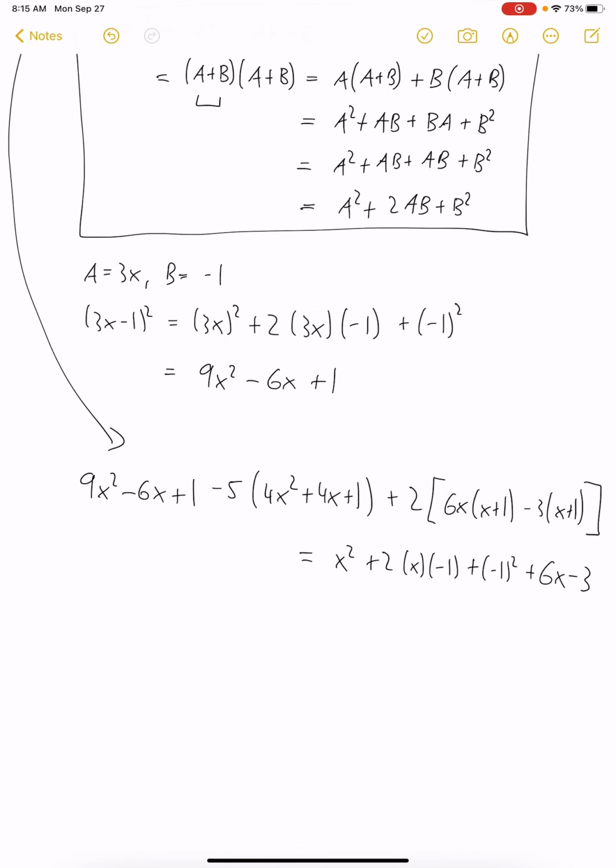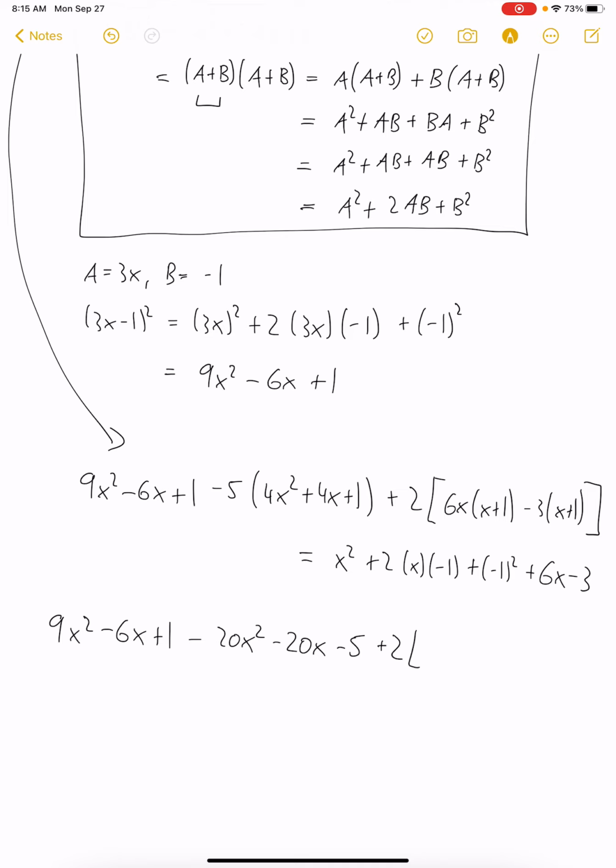Okay, so we will simplify things. Just rewrite 9x² − 6x + 1. Then we have 5 times 4 is 20, so 20x² − 20x − 5. So that was the first bracket.